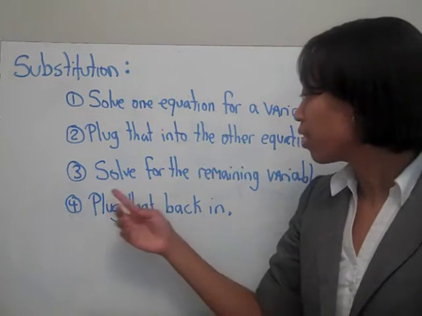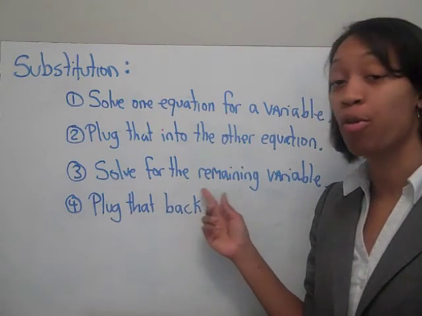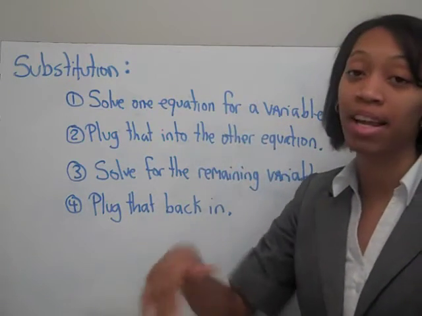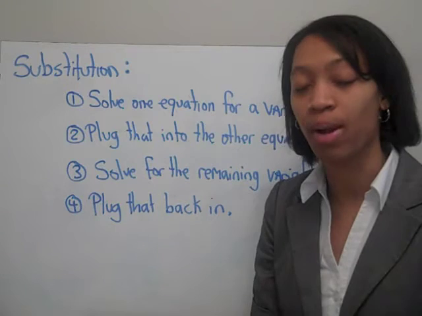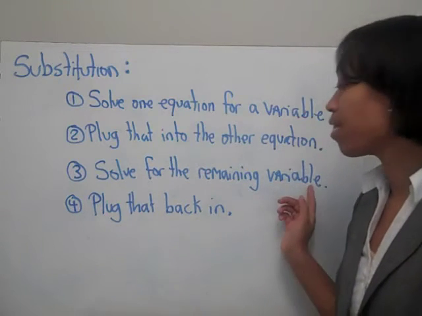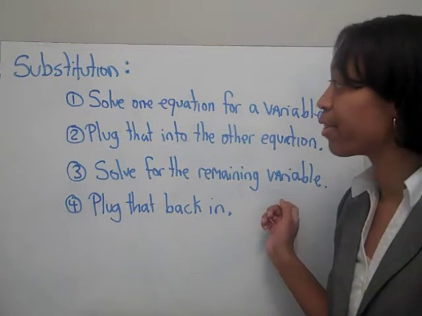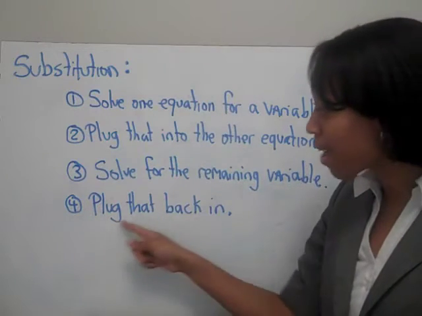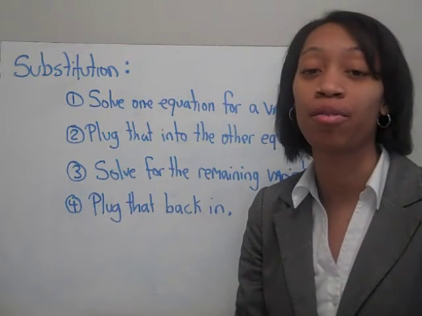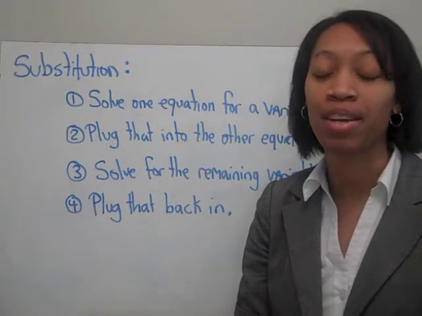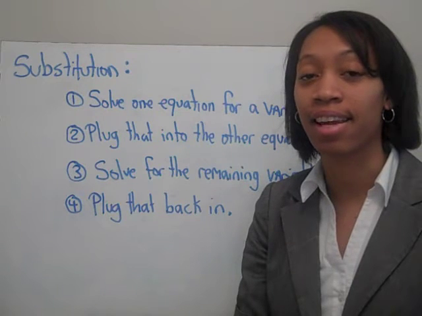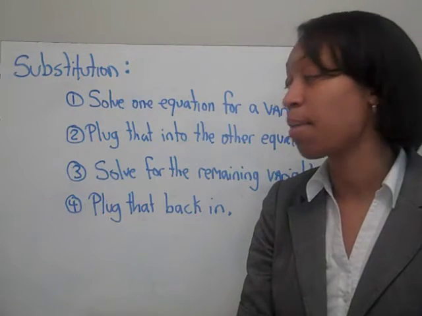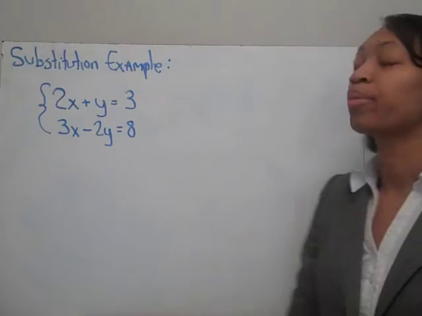Third step, solve for the remaining variable. After you plug back in, you only have one variable left. Go ahead and solve for that. And then, once you get that answer, you have to go back and plug that in to find the remaining variable. So, let's look at an example of how to do these steps with substitution.